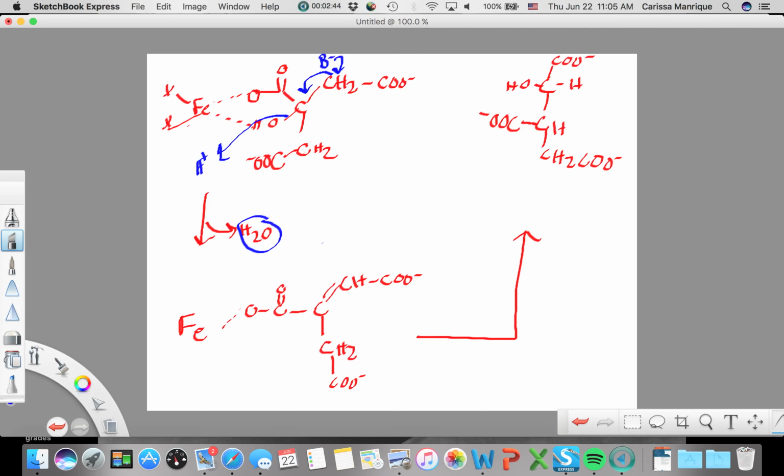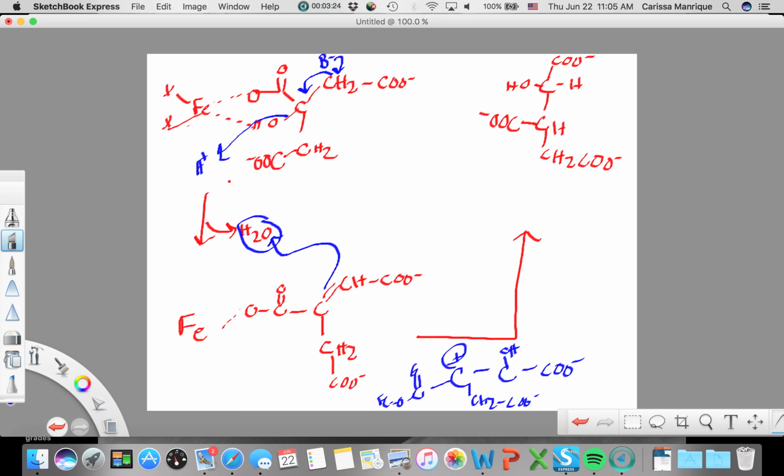Now this iron is still there, stabilizing everything. Now this water is going to be attacked by this double bond. It's going to bind right there, and that's going to leave too many hydrogens on it. Let me show you the intermediate so you remember: COO minus, and there'll be a plus charge right here, and then CH2COO minus.